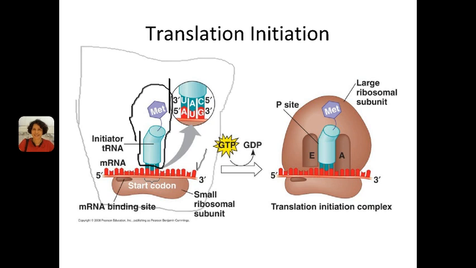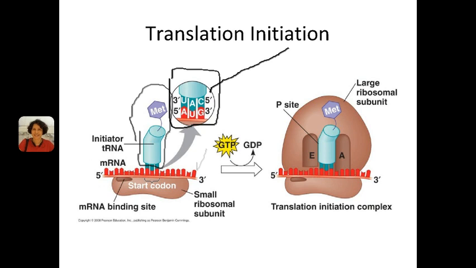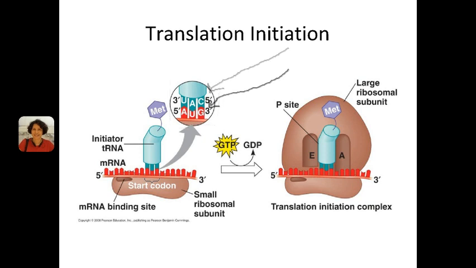The little inset here shows us how the anticodon on the tRNA is complementary to the codon on the messenger RNA, and there are hydrogen bonds between them. The messenger RNA codon from 5' to 3' is AUG. The tRNA anticodon from 5' to 3' is CAU. Remember, if we're going from 5' to 3' on the anticodon, we'll be going from right to left.